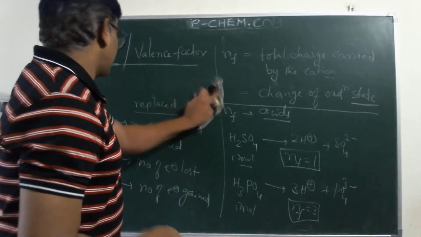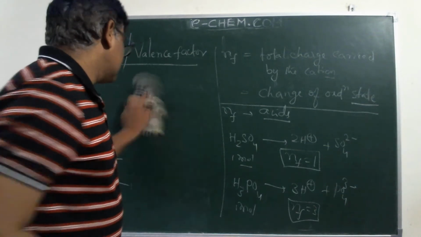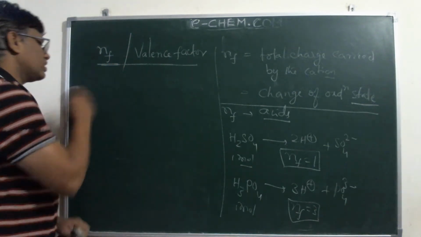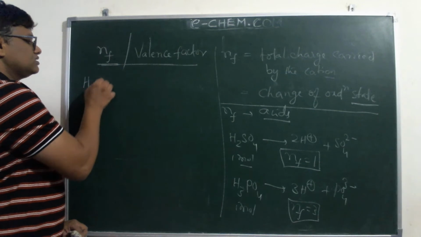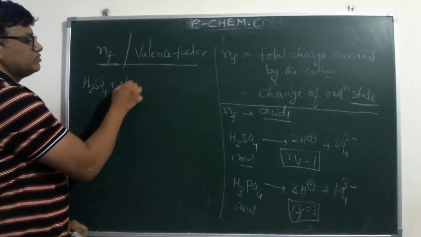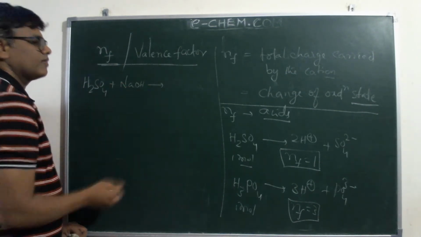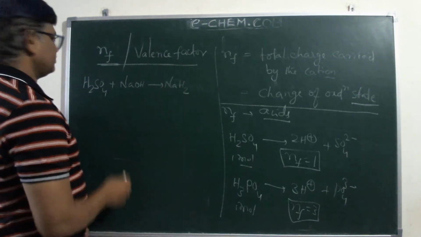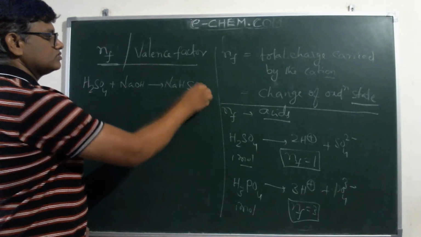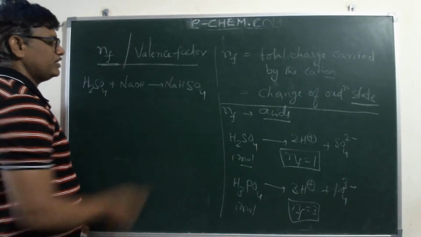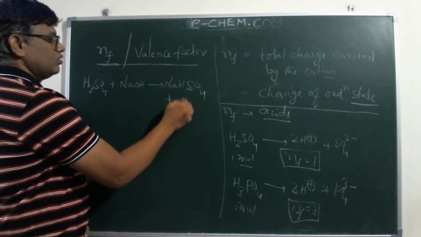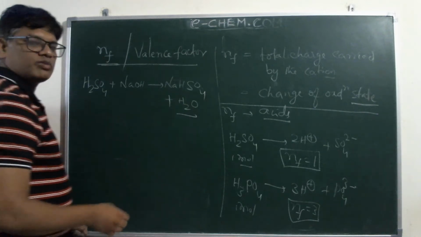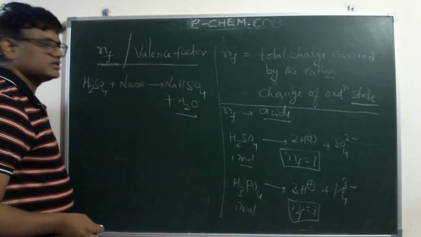For example, I am taking one reaction. Sulfuric acid is reacted with NaOH, giving NaHSO4, sodium bisulfate, plus water. The corresponding salt and water are obtained.